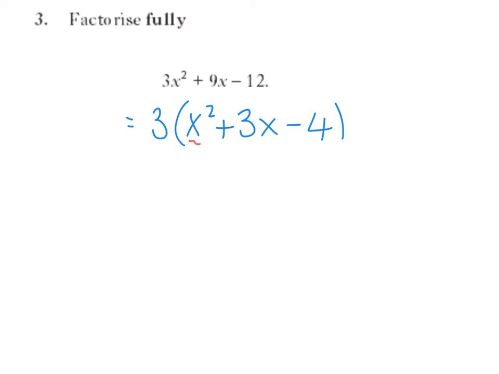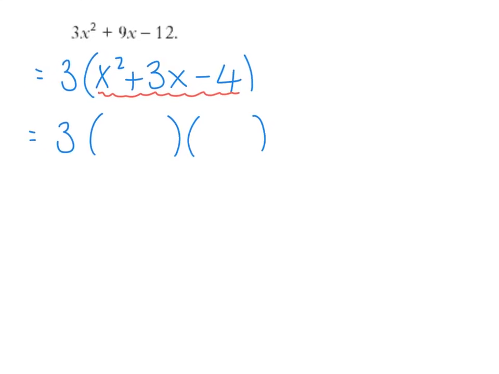What we then need to look at is the part inside, which we're going to factorise into double brackets. So we have our 3 and then our double brackets. We'll set the working out at the side, with one bracket above the other.